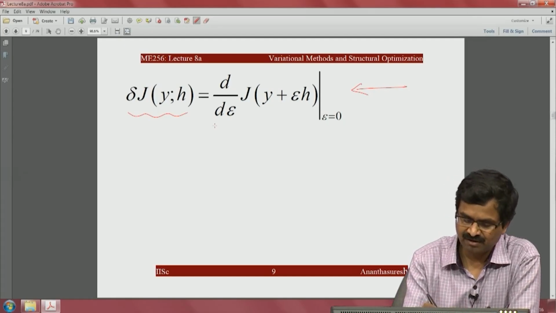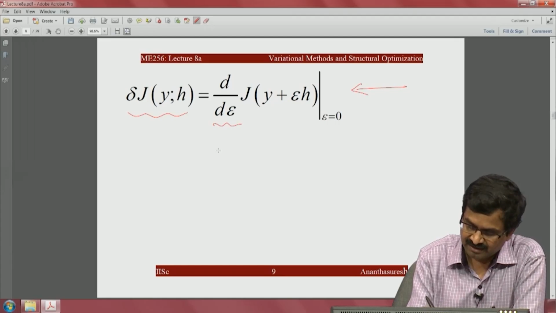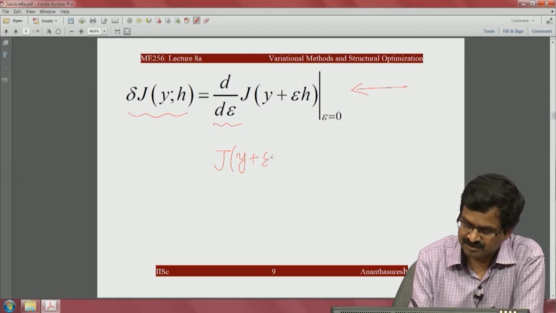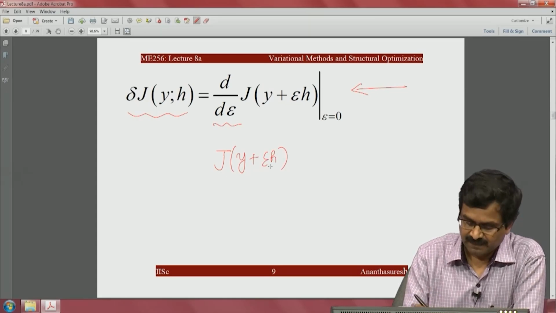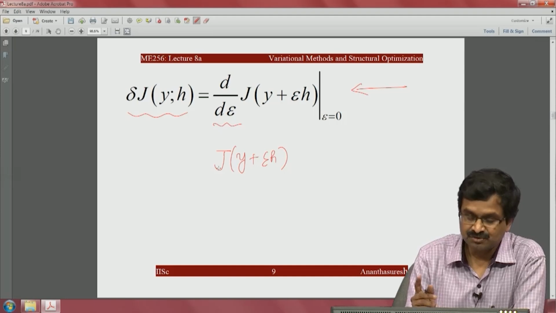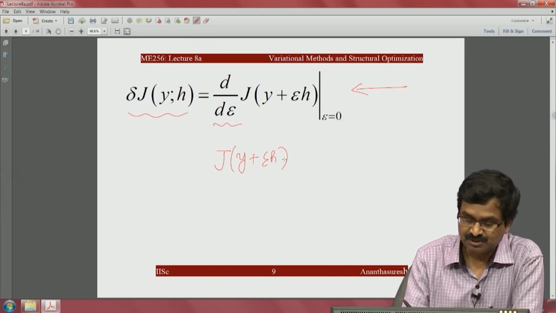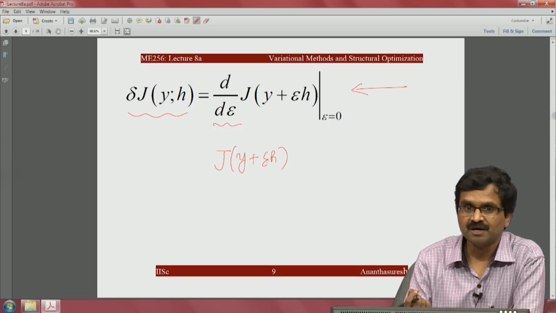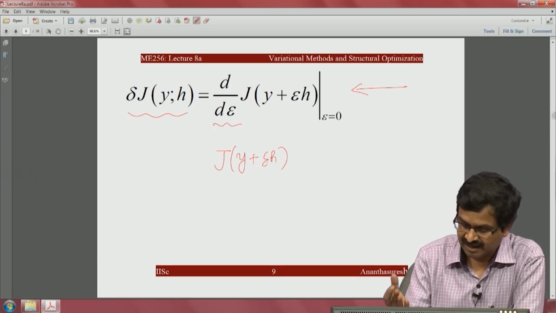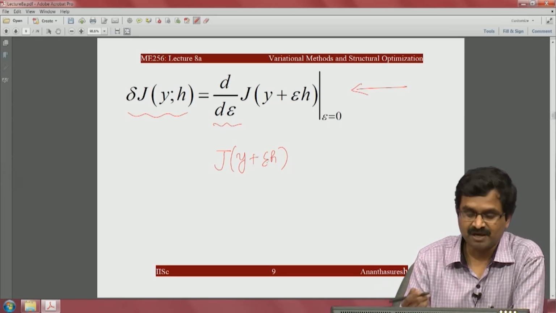What do we have here? An ordinary derivative. What are we taking the derivative of? We are taking the derivative of J of y plus epsilon h. J, once you are given y, gives you a real number. Now we have y plus epsilon h, meaning wherever y is, you replace it with y plus epsilon h. Y is what you take there, and h is given to you, chosen arbitrarily. What is the variable? Epsilon.